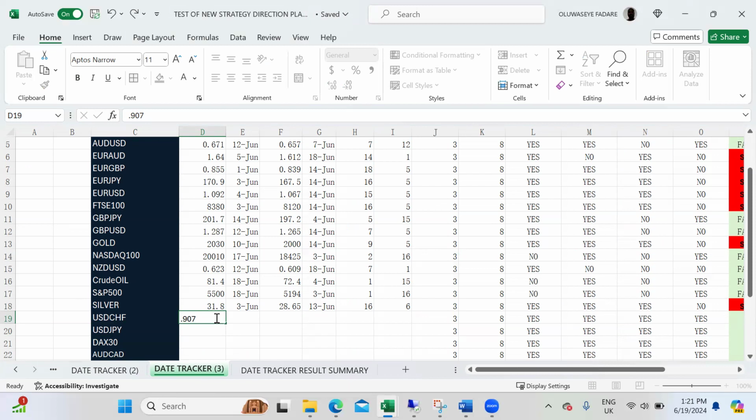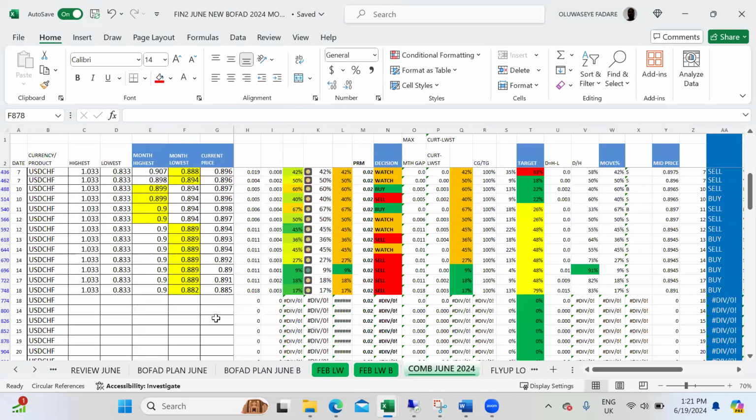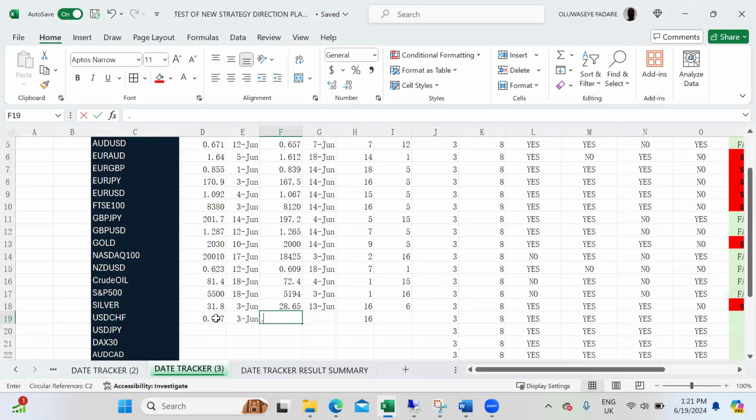And then what is our low price? Our low price is 0.882, achieved yesterday. 0.882.